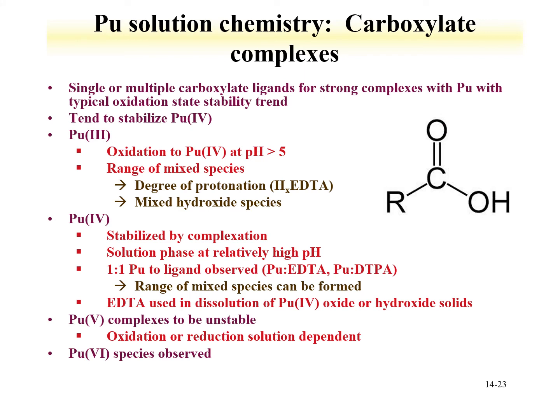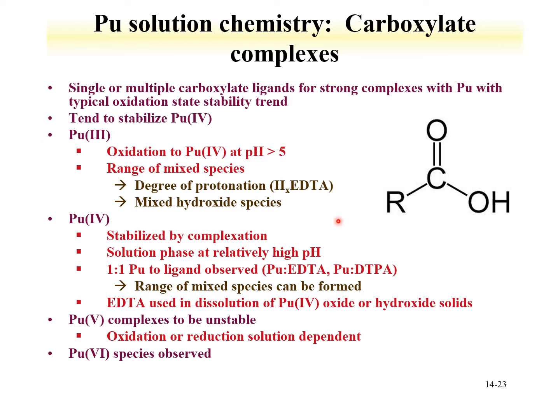The plutonium-4 species tend to be stabilized by complexation with carboxylic acids, and the compounds tend to be 1-to-1, for instance, plutonium EDTA, plutonium DTPA, and these compounds with these acids can be soluble in solutions under pH conditions where the free plutonium is precipitated.